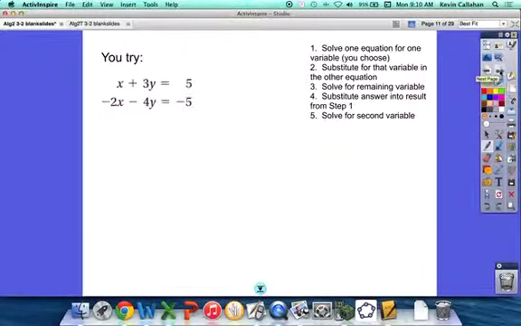So try to do the same thing with those. Here's the steps. They're written right there. That's your first try.